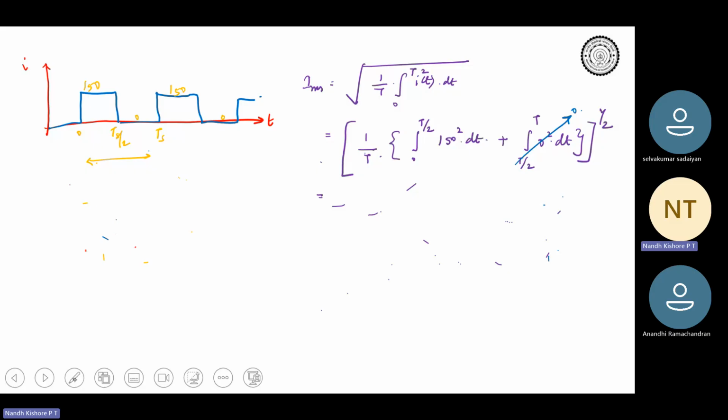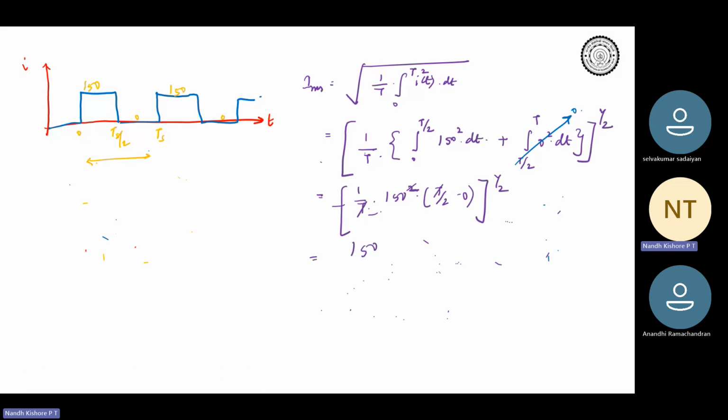So you get 1 by T into 150 square into T by 2 minus 0. The T and T get cancelled, so 150 divided by root 2 amperes.